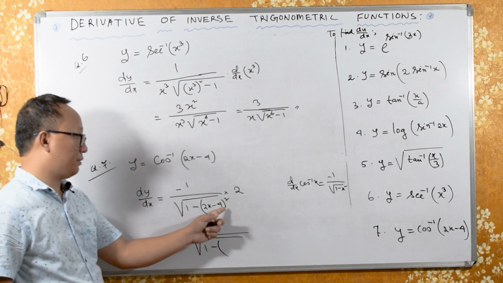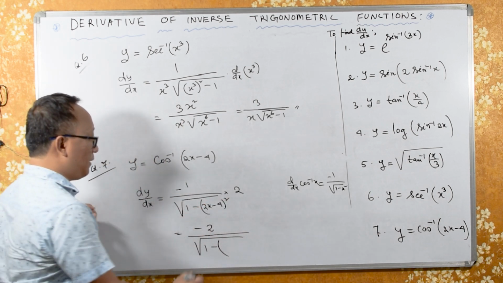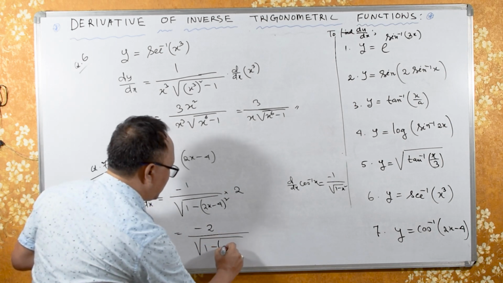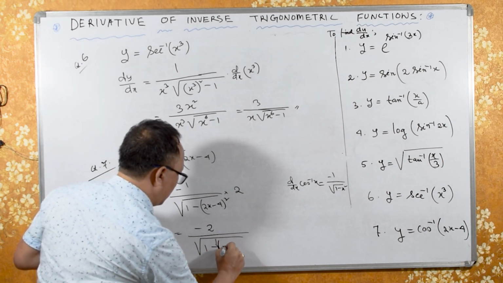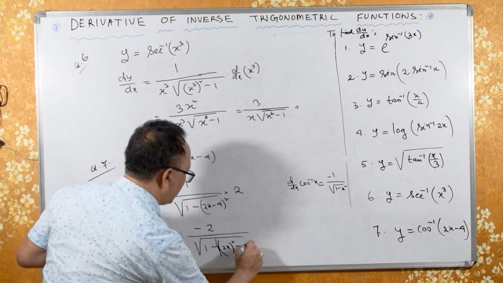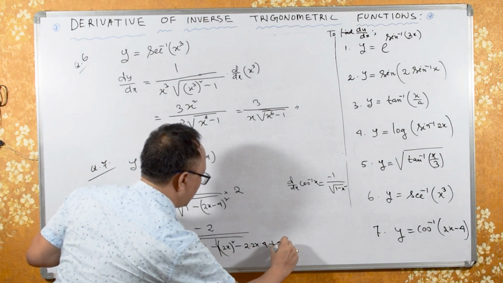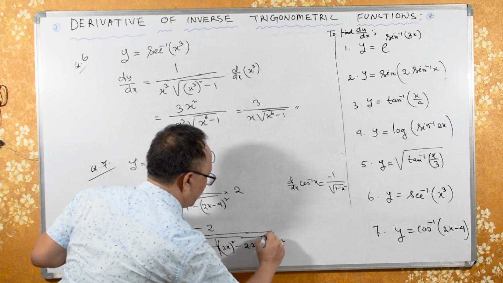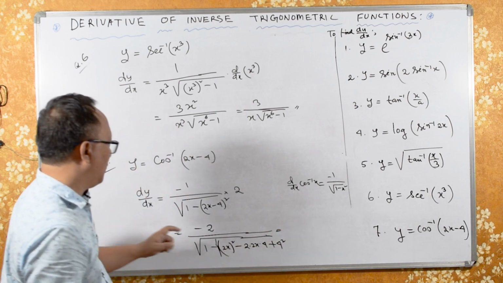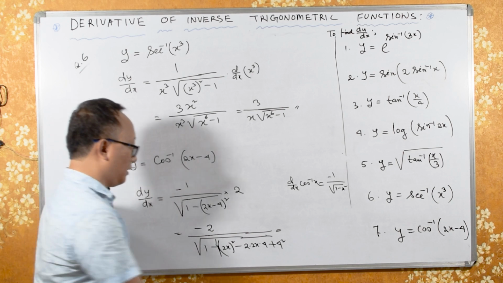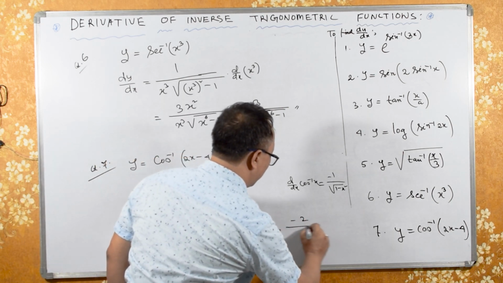you can expand this. Okay, here a minus b the whole square formula. Here a square means twice x the whole square minus twice a b plus b square. Okay, you can keep it here like this, but let's expand some other terms also.